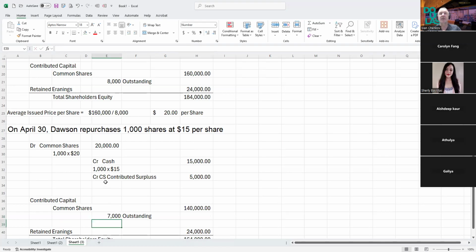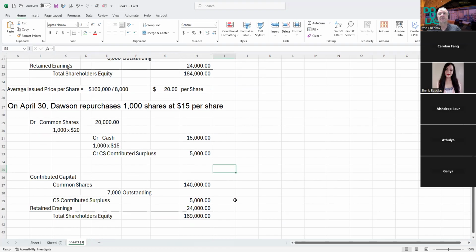But now we have a new element of the equity section, which is called common shares contributed surplus. And that contributed surplus is how much? 5,000. What's happened with the retained earnings? Any changes in the retained earnings? No changes in the retained earnings. How much is our total shareholders' equity now? 169,000. Make sense?